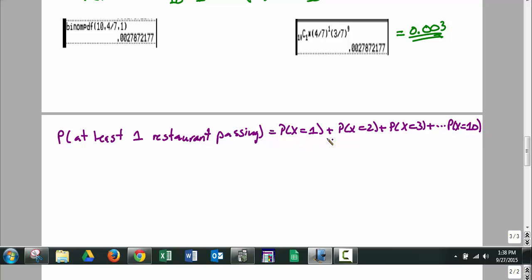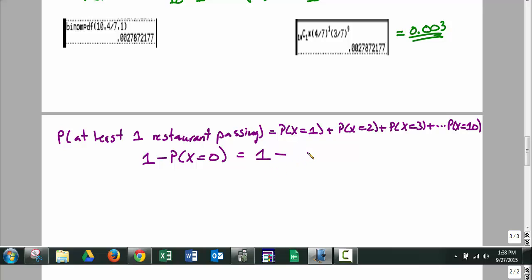And I don't want to find all of these probabilities 1 through 10. So the easier way to think about this is the complement. The possible values are 0 through 10. So the easier way for me to think about this is 1 minus the probability that x equals 0, because it's the only value that's not accounted for.